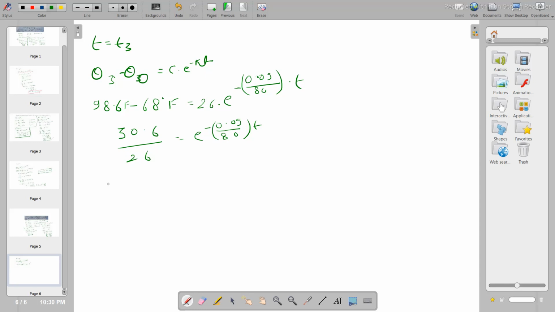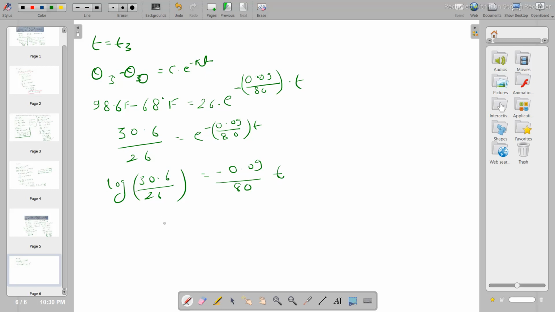Now again we can take the log: log of 30.6 by 26 equals minus 0.09 by 80 into t, since e will be removed.